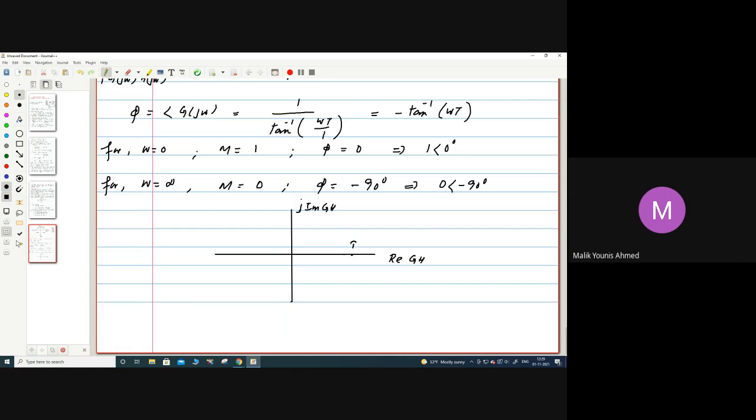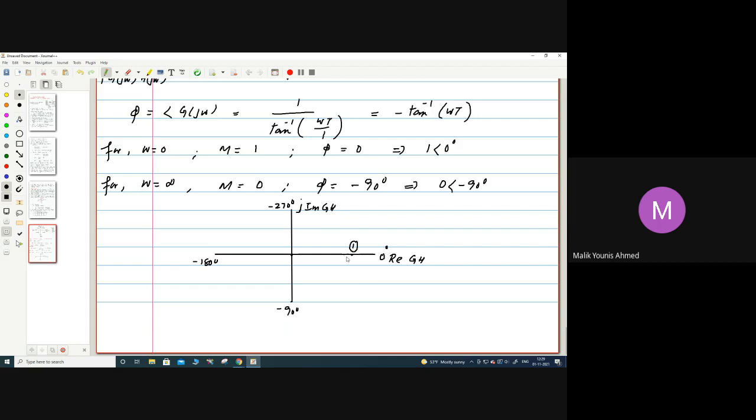This is the value of omega, and omega will vary in the first quadrant only, because I am taking 0 as reference and the counterclockwise direction as minus 90, minus 180 and minus 270.